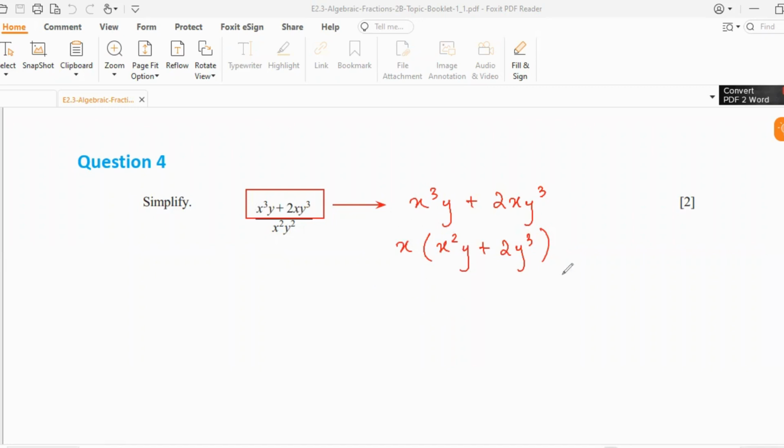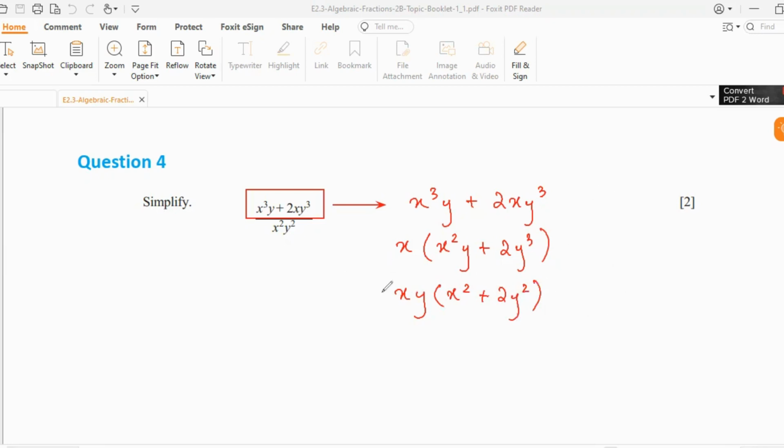Now if we look at the equation, we still have some other variable common, which is y. So we have y in x squared y, and we have y cubed and 2y cubed. Same thing, we're going to take the smaller one common. So now it's going to be xy brackets x squared plus 2y squared.